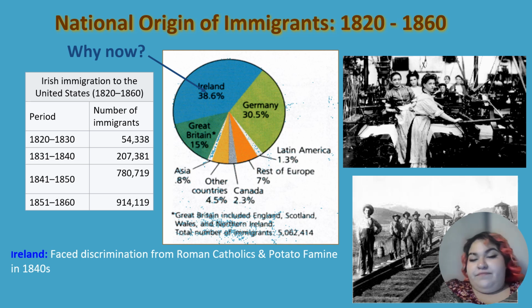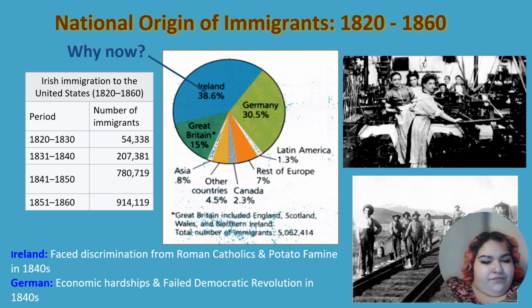And so, in order to escape that, they're going to leave Ireland to go to the United States, mostly to feed themselves, right? Because they're hungry, right? But they're also going to find jobs. Now, the Germans, they're going to immigrate to the United States for very different reasons. In Germany, their country is going to be going through a lot of economic hardships, right?